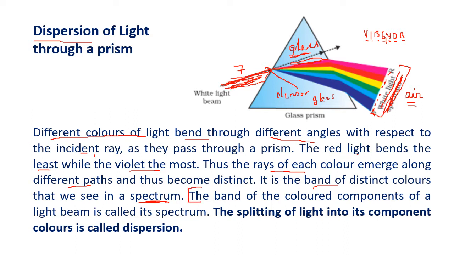So the band of the colored components of a light beam is called the spectrum. So again I am telling you, remember, this is the visible spectrum. And this phenomenon, the phenomenon of splitting of light into its component colors is called dispersion of light. So as you see in the diagram, we have got the dispersion of white light.